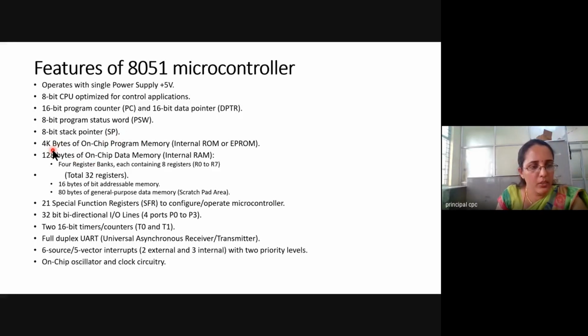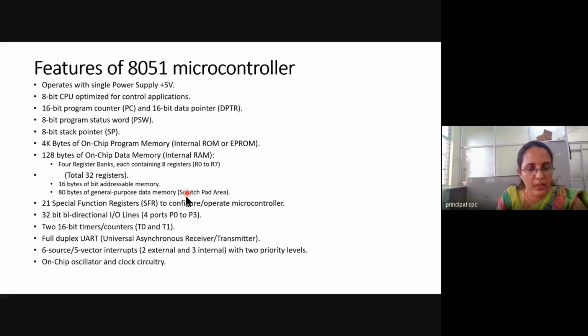As I said earlier, 4 kilobytes of on-chip ROM, that is either ROM or EEPROM, electrically programmable read-only memory, 128 bytes of RAM, data memory, this is program memory. You have 21 special function registers, SFRs, then 32 bidirectional IO pins.